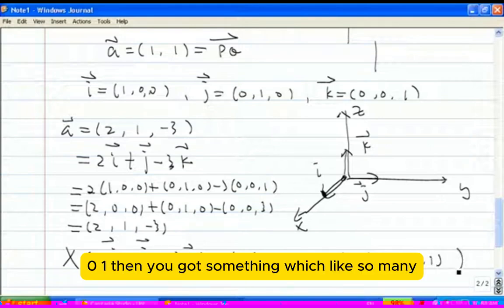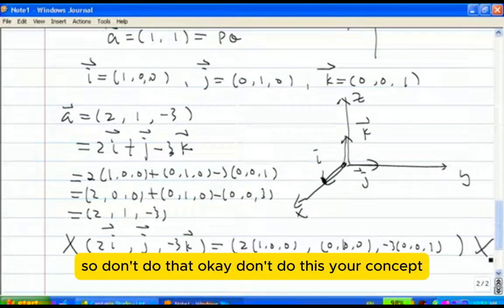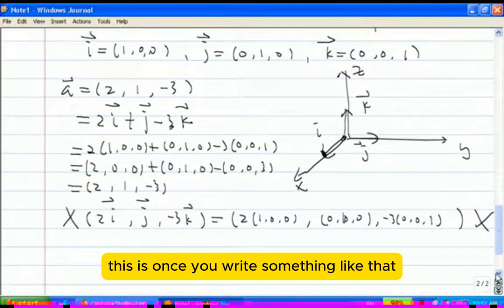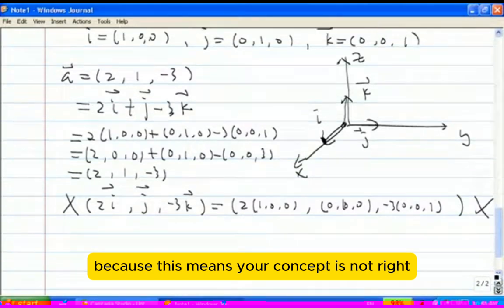Then you got something with so many parentheses. So don't do that, okay? Once you write something like that, I will take lots of points off, because it means your concept is not right.